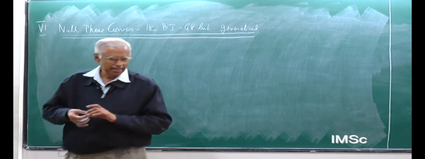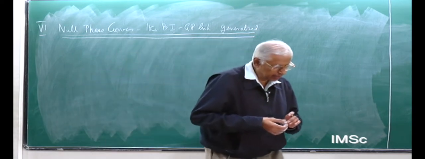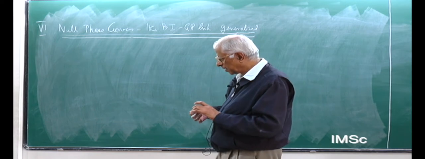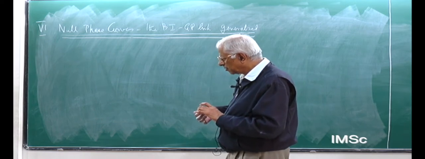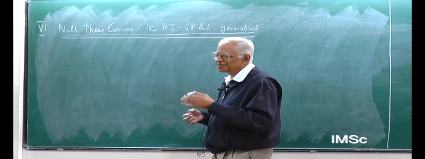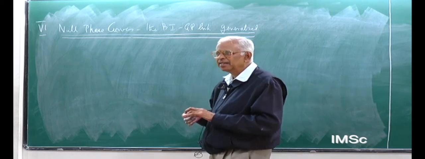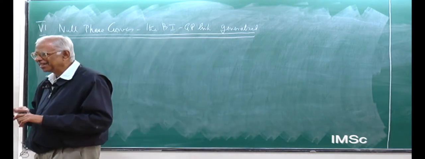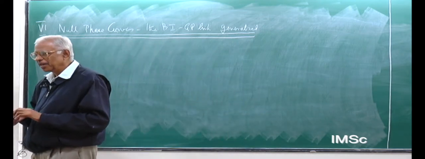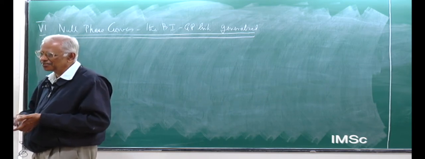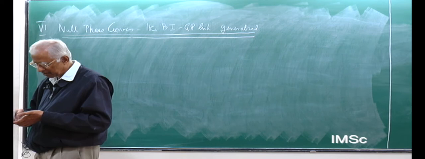There was an Italian mathematical physicist from Naples who was once a visitor at this institute, so long ago, 40 years ago, Caianiello. Maybe some of you have heard the name.